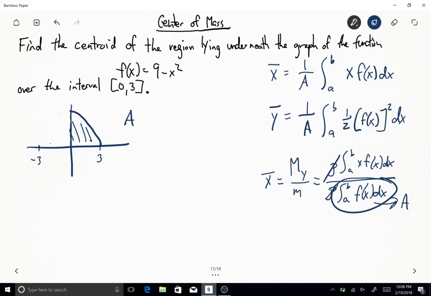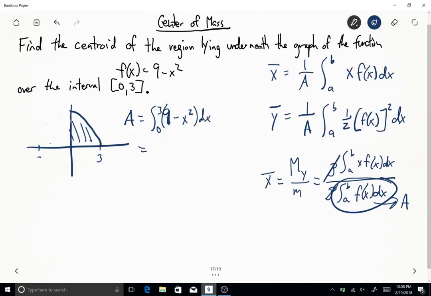So sorry, I started with negative 3 to 3. I don't know why I started with negative 3. Oh, I know why. I forgot the interval is 0 to 3. So in terms of this, we actually are going to get an x value. And so our a equals the integral from 0 to 3 of, in our case, 9 minus x squared, and then we want dx.